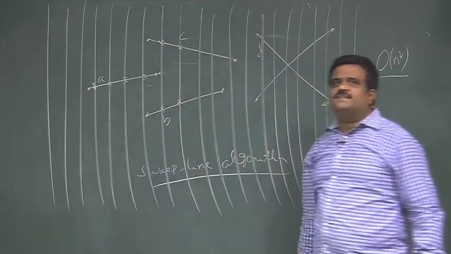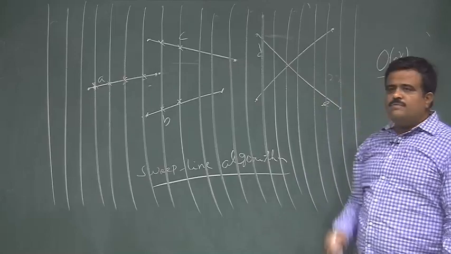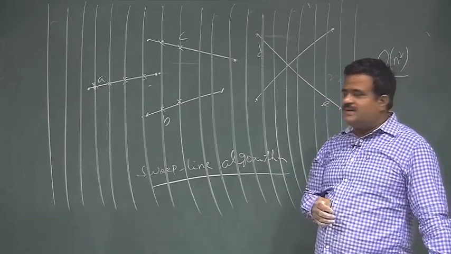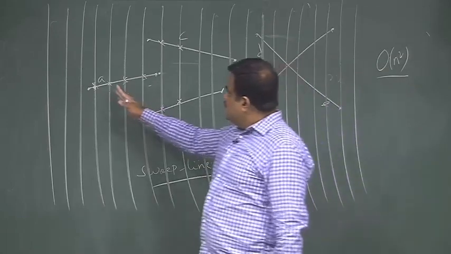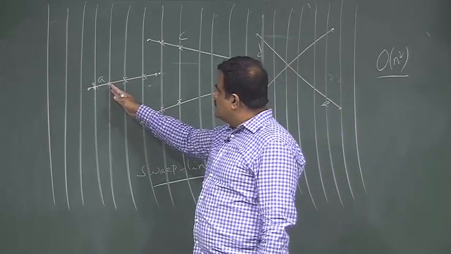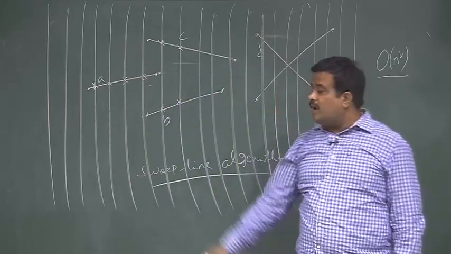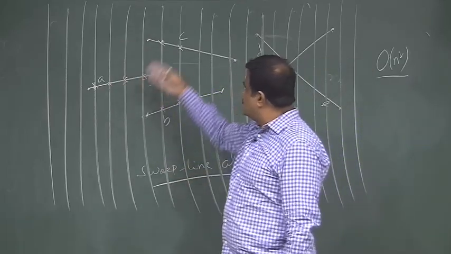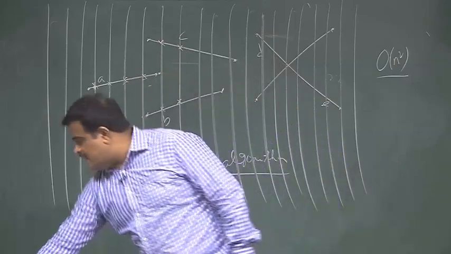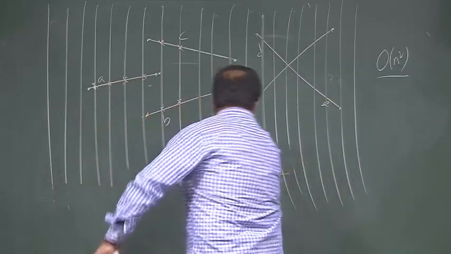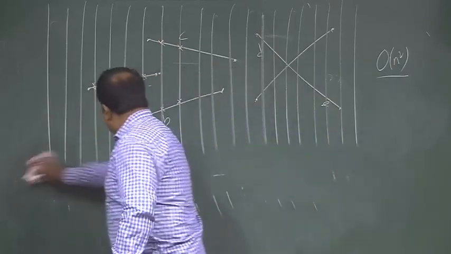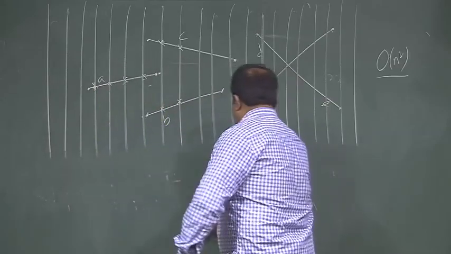We are interested in these intersecting points, and we maintain a dynamic data structure with these points, putting them in the order of the value of the y axis. So this is the y axis ordering.